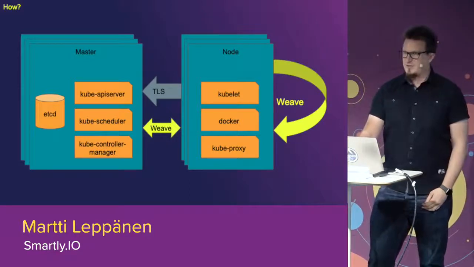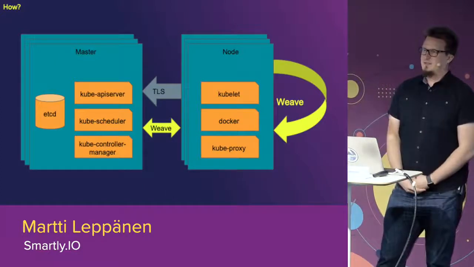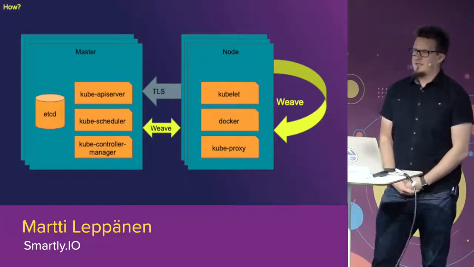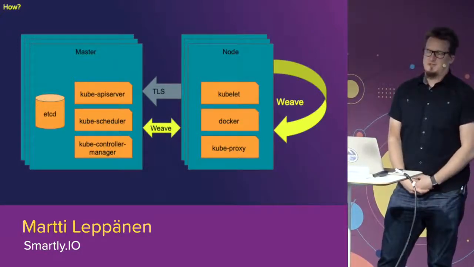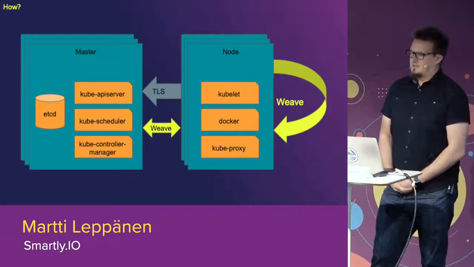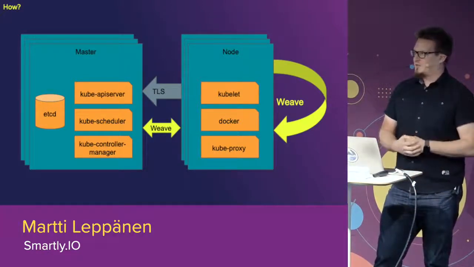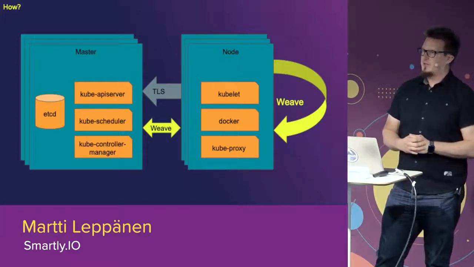Then, of course, these things need to communicate somehow. The kubelet is using SSL TLS to talk to the API server. It doesn't necessarily need much more than that. So you have to have some kind of certificate set up. Normally you would have your own certificate authority, and you would generate certificates for each of the kube nodes and the master to be able to have secure communications between them.